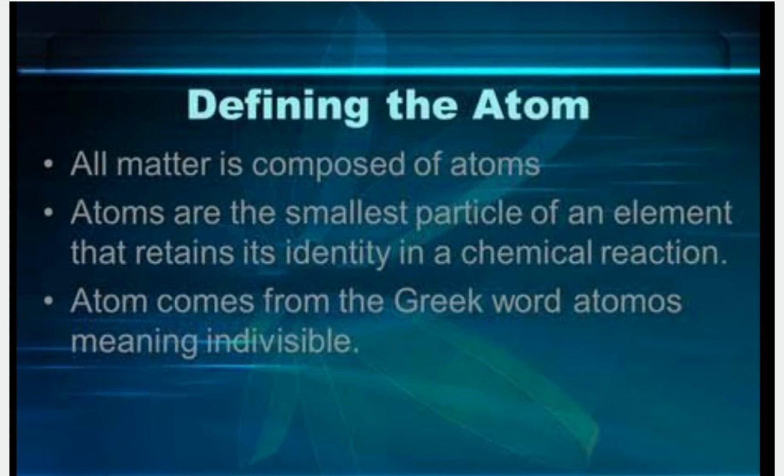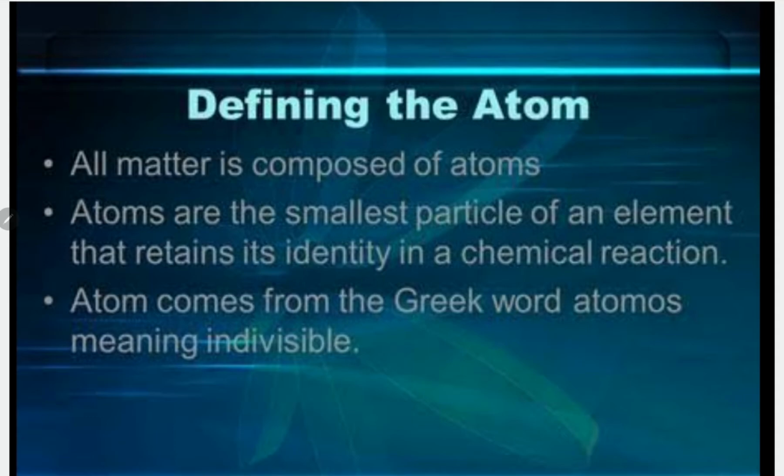Okay, so we are going to revise the most basic things in chemistry, that is atoms, elements, molecules and compounds. First, what is an atom? We know that everything around us is made up of what? Matter, right?